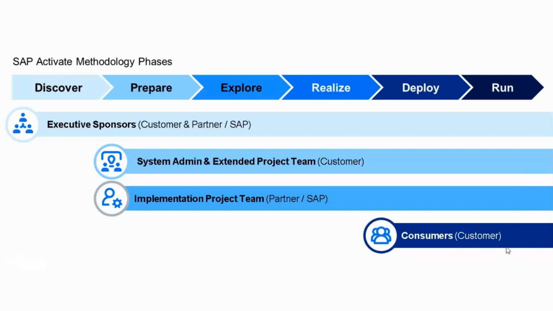Now, in the discover phase of the SAP Activate methodology, the customer executive sponsor or sponsors have already built a business case for the organization to purchase SAP S/4HANA Cloud. They would have worked with a salesperson from a partner or SAP to complete the digital discovery assessment.